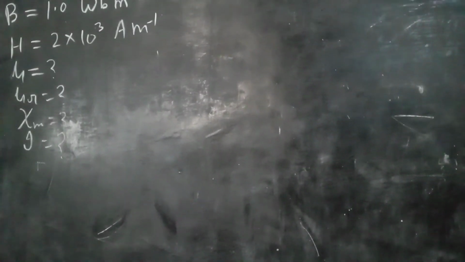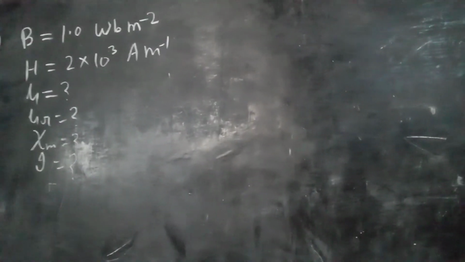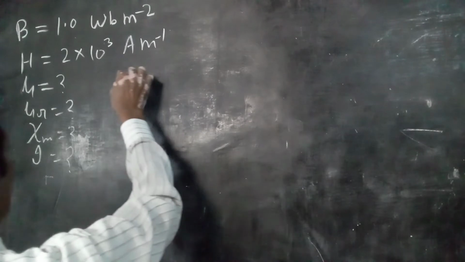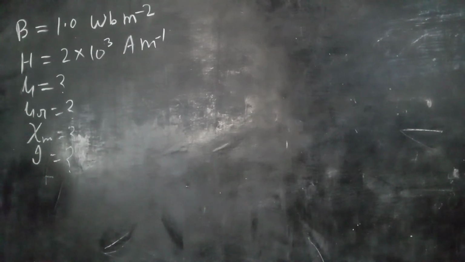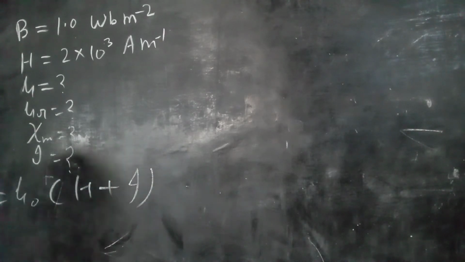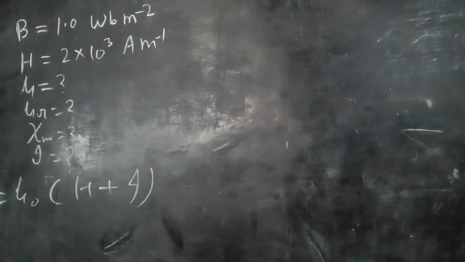See, the magnetic induction of the magnetic material is given, H is given, so we use the relation: magnetic induction B is equal to mu0 times (H plus I). You have derived this relation. Here I is the intensity of magnetization, and mu0 times the sum of the magnetizing field and the intensity of magnetization.